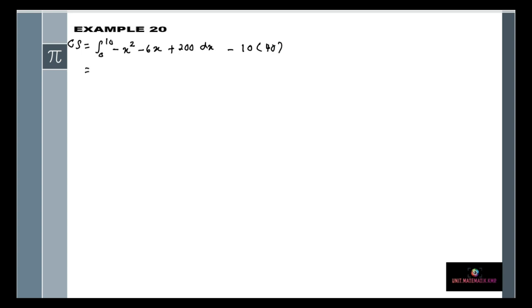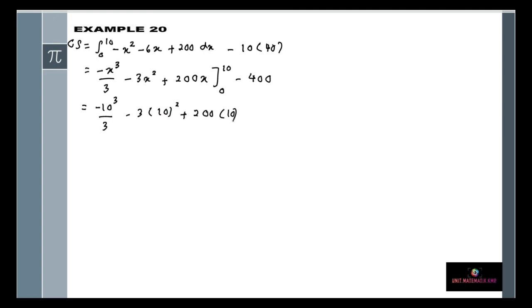So we integrate this one, we have negative x cubed over 3 minus 3x squared plus 200x, from 0 to 10, minus 400. So we have negative 10 cubed over 3 minus 3 times 10 squared plus 200 times 10 minus 0, then minus 400.